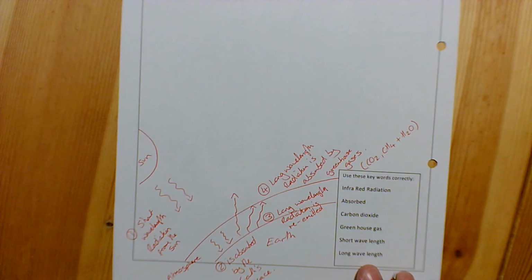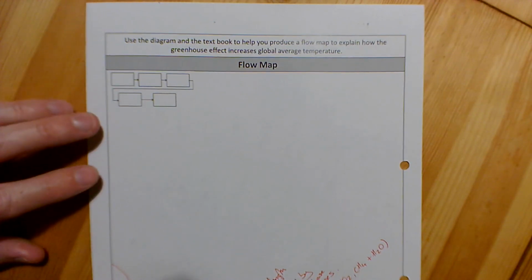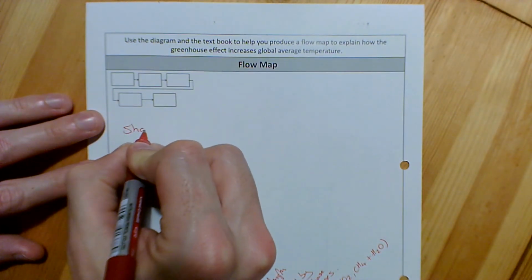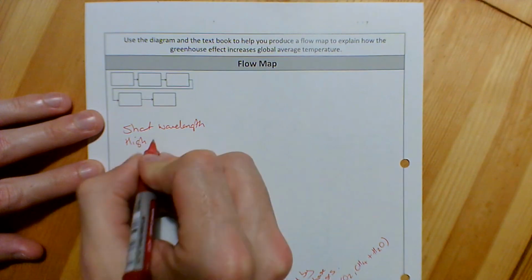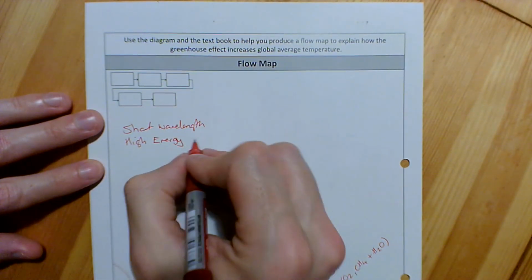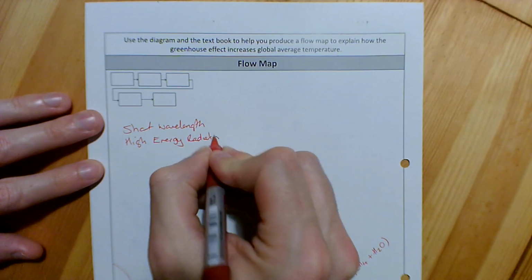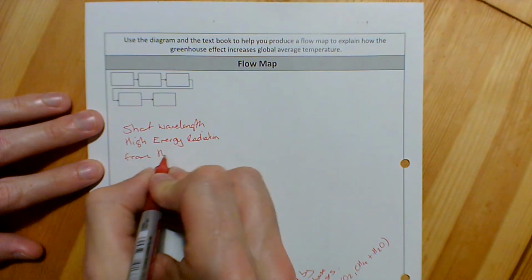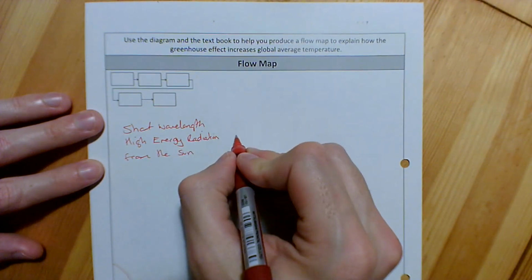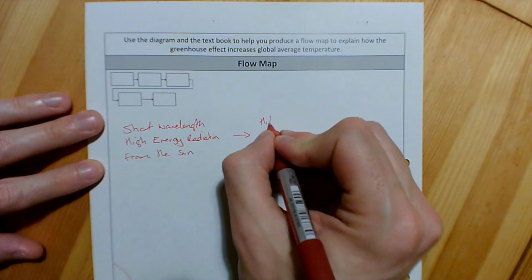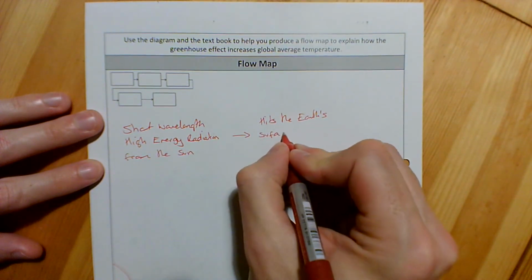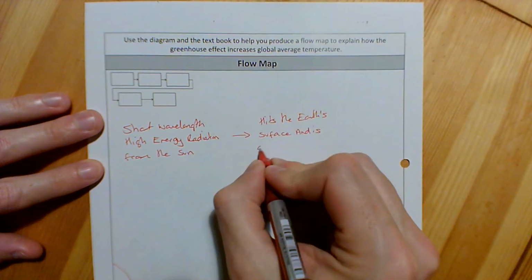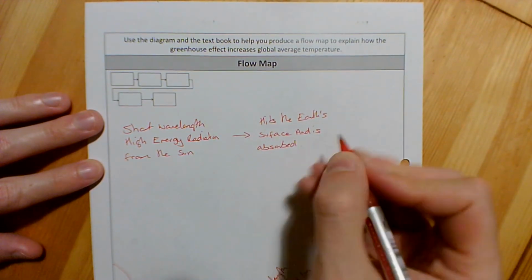So let's turn this into a flow map then. So the first step is short wavelength, high energy, radiation from the sun, hits the Earth's surface, and is absorbed, and that warms the Earth's surface.